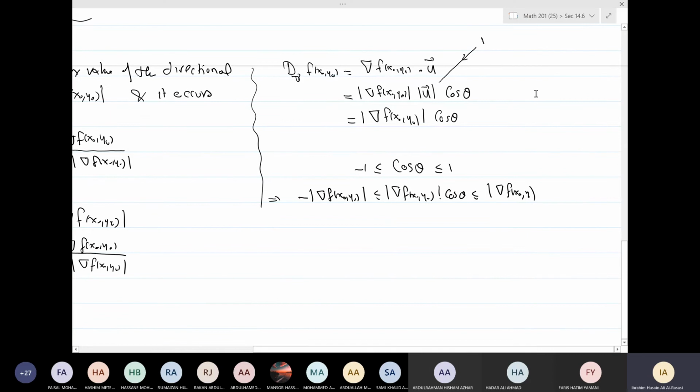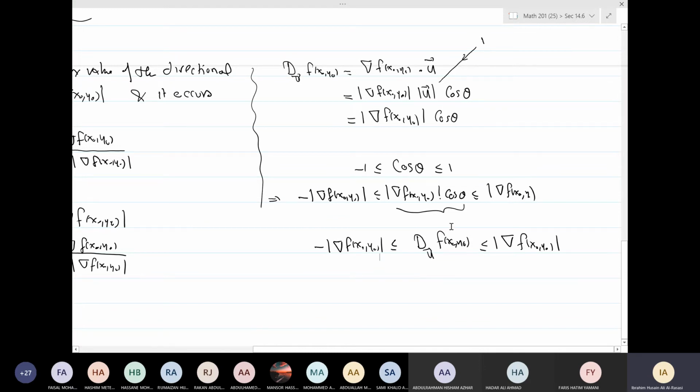Now, what is the middle equal to? This is the directional derivative of f at x0, y0. So what can we conclude from this?